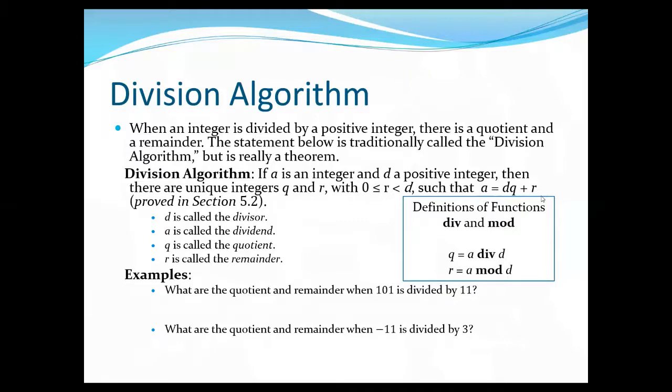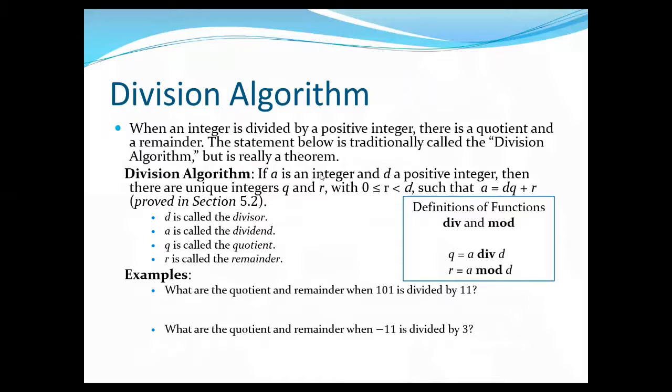A is equal to DQ plus R, wherein D is the divisor, A is the dividend, Q is the quotient, R is the remainder. In this division algorithm, D is always positive based on this definition.